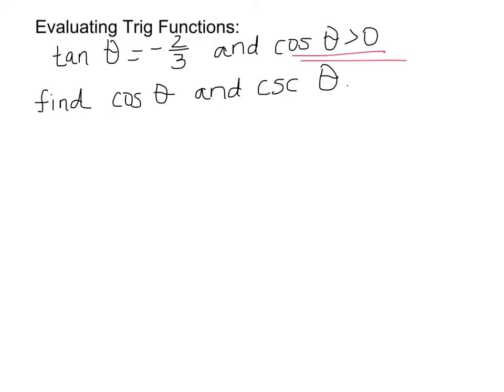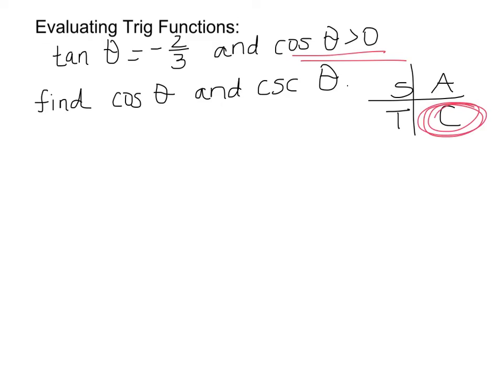So we know that tangent is negative, cosine is positive. What I do is when I write it, I do A, S, T, C. The only quadrant where tangent is negative and cosine is positive would be quadrant 4.